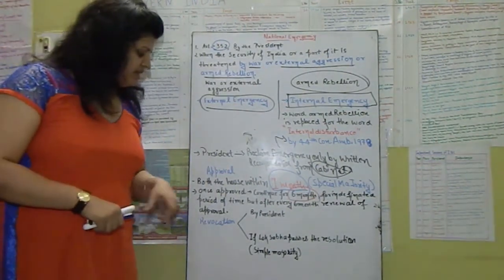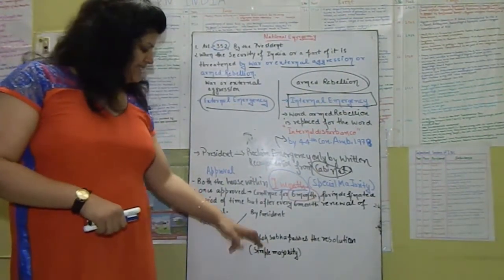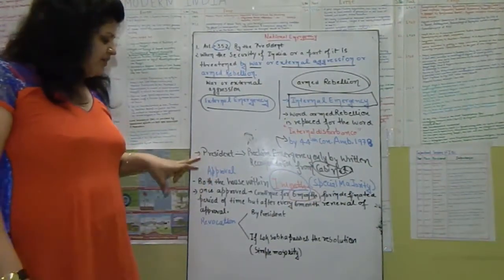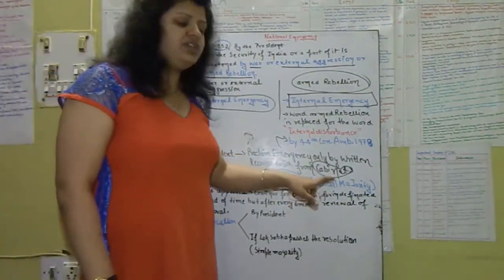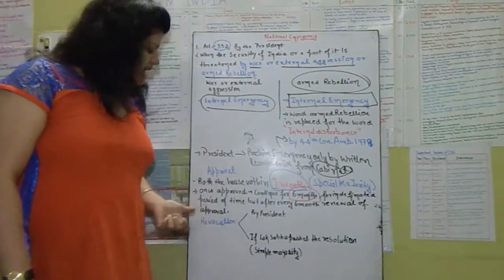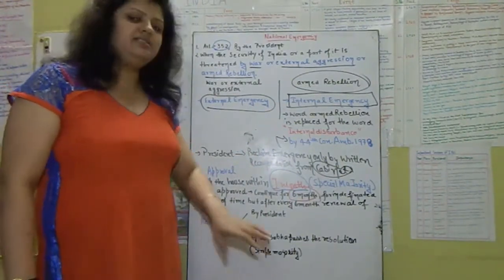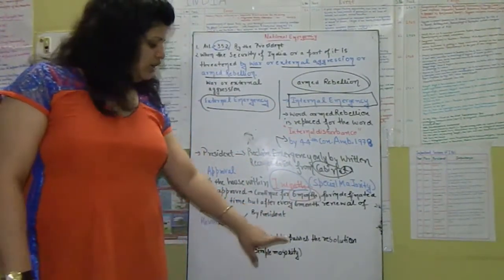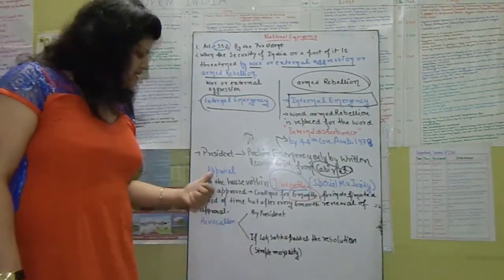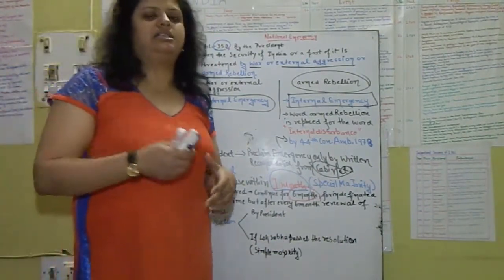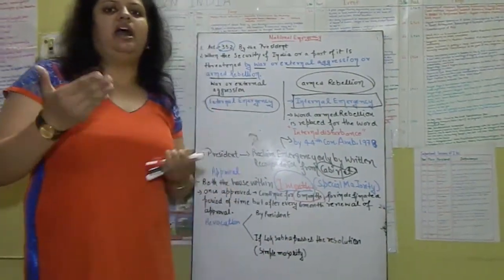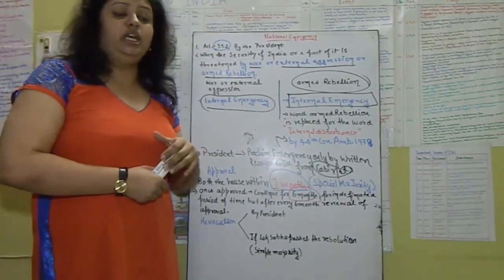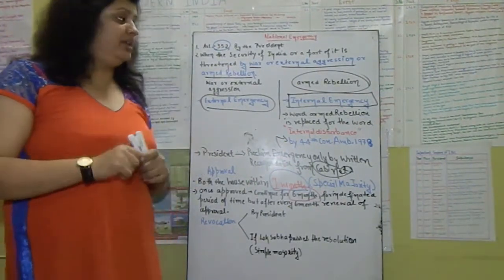But the difference between the revocation process and the approval process is that for approval, there is a special majority condition. Whereas for revocation, a simple majority and only the Lok Sabha passes. Whereas in the approval, both the houses are equally responsible for the approval.